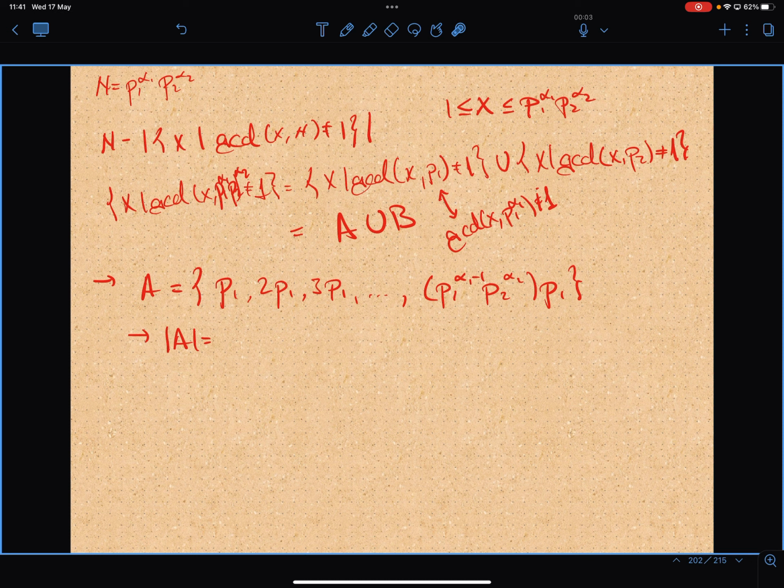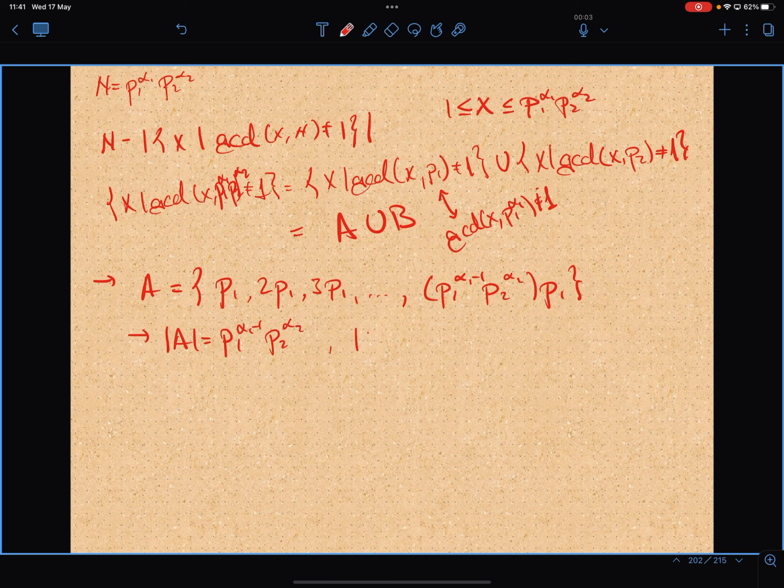So what's the size of A? p1^(alpha1 - 1) times p2^alpha2.